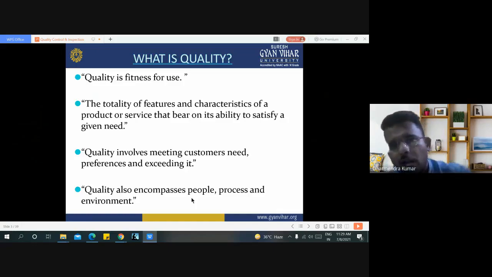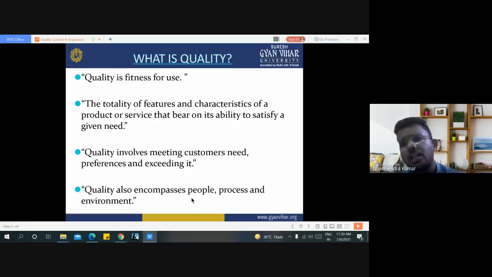When we plan to make any product or component, we decide the prerequisite performances of that particular object, and after the final production, we compare the characteristics of our pre-assumed product and the characteristics of the final product from the manufacturing unit, and thus we know about the quality of the product.